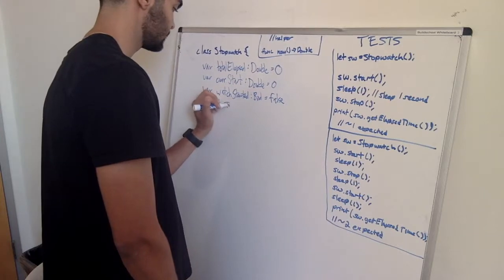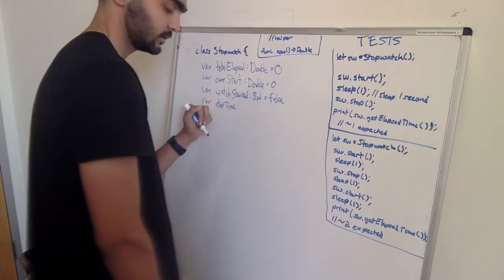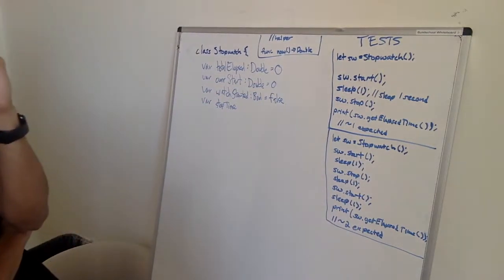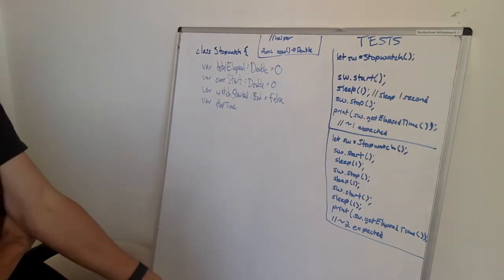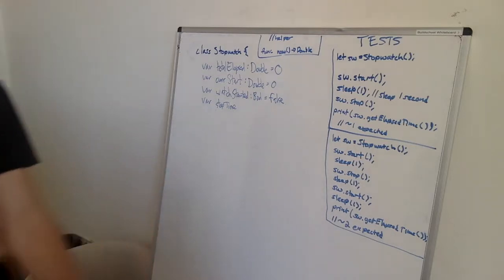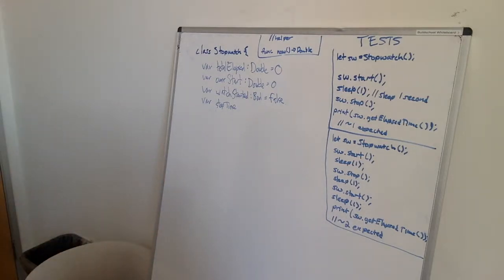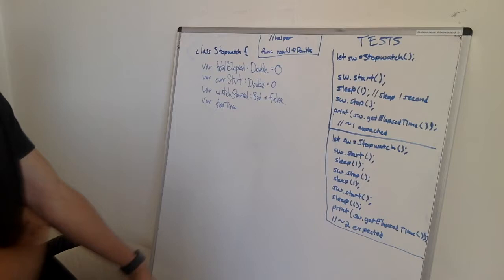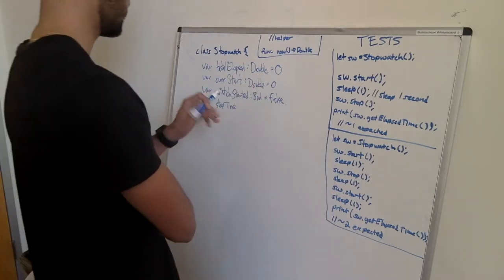Stop time. Also, what do we return if we haven't started yet in the get elapsed time? Just 0? Yeah, 0 makes sense. That should be handled already, I guess.